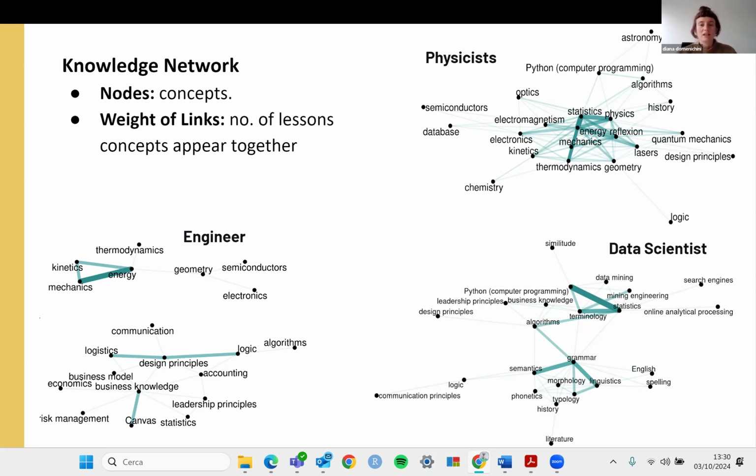And of course, these students have different knowledge and different skills, and therefore in the beginning it would be hard for the teacher to support these three different students.